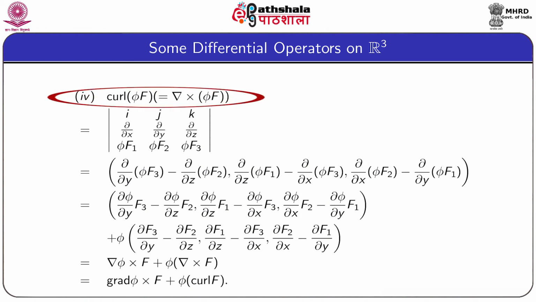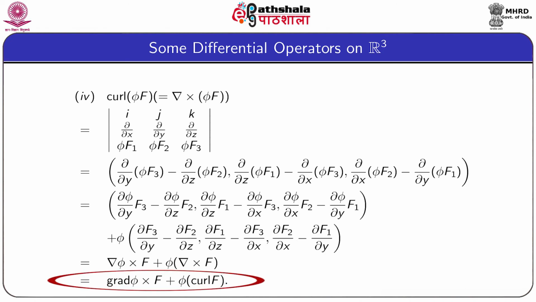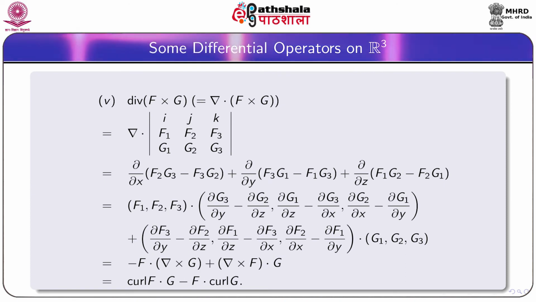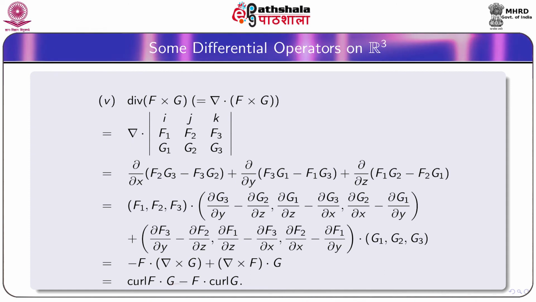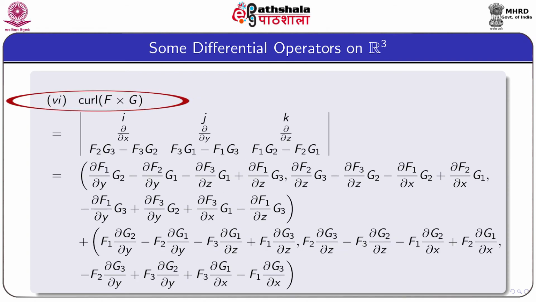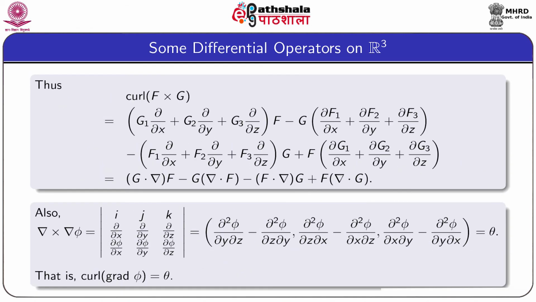Fourth, curl of phi f equals grad phi cross f plus phi times curl f. Fifth, divergence of f cross g equals curl f dot g minus f dot curl g. Sixth, curl of f cross g equals g dot nabla f minus g nabla dot f minus f dot nabla g plus f nabla dot g.